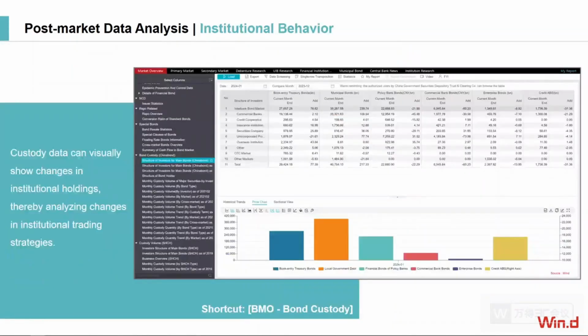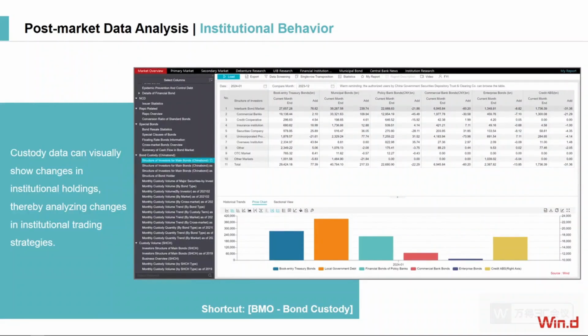In addition to finding good chances by ourselves, hearing the viewpoints of other investors may also be a good reference for the bond trader. We may build our own trading strategy, but hearing others' views is also a good reference, especially institutional behavior.